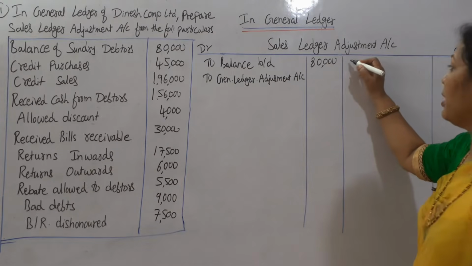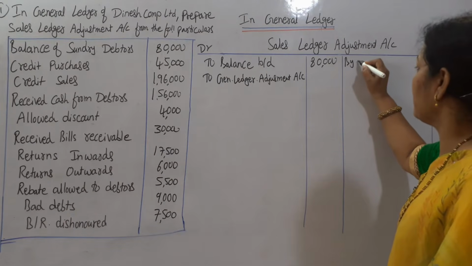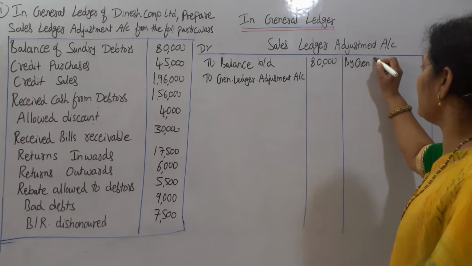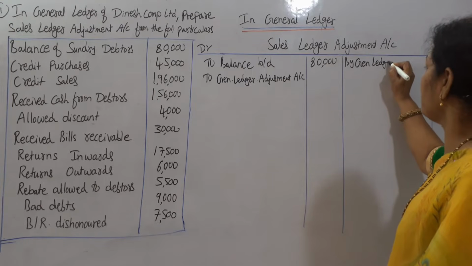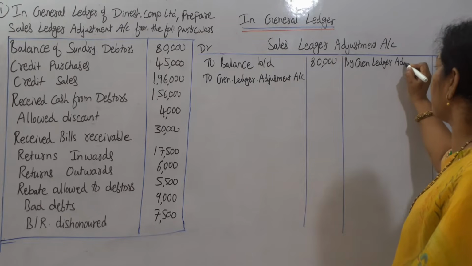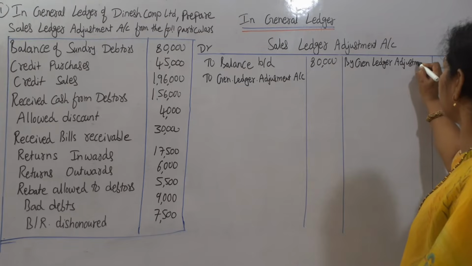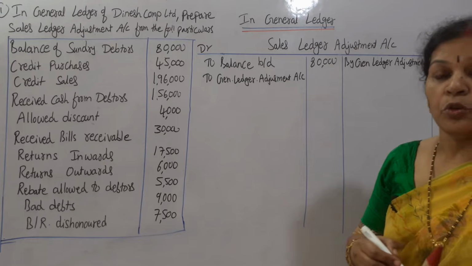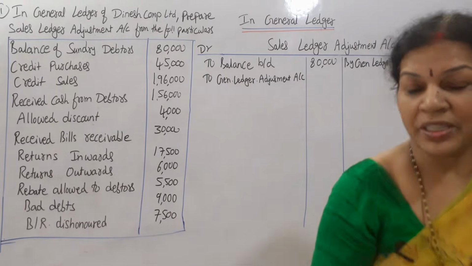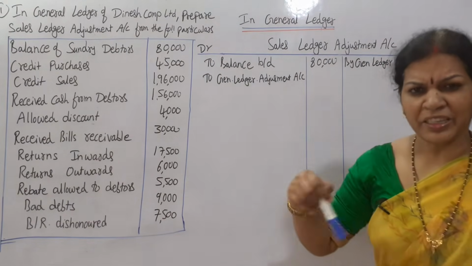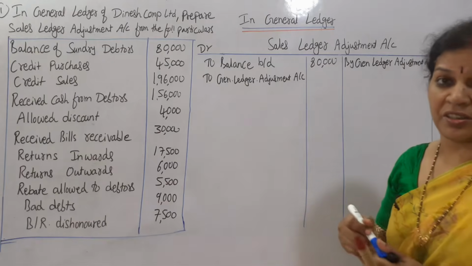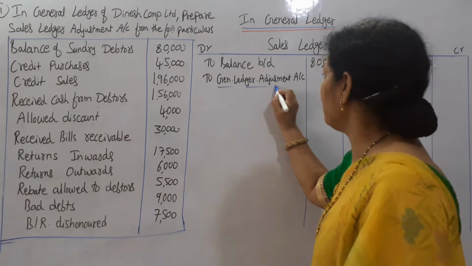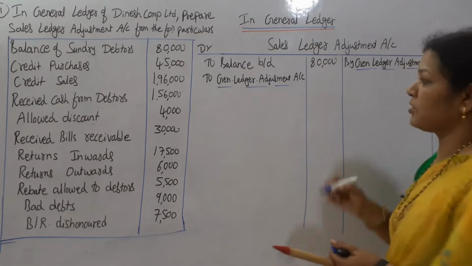On the credit side also I am keeping the same heading, by general ledger adjustment account. You know why I am keeping it? It shows that we are preparing sales ledger, but it is from general ledger. So that is the reason we are keeping the heading of general ledger adjustment account.